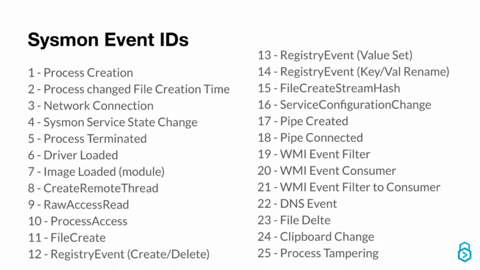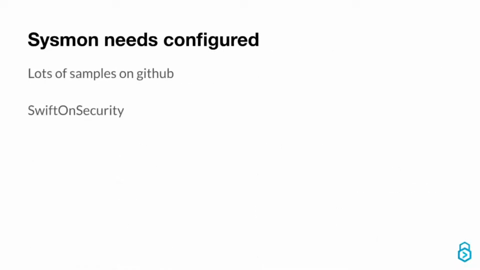This stuff is just way, way too overwhelming. Sysmon needs to be configured, and you have the opportunity to filter what you gather with Sysmon. So we don't have to gather every single network connection, and you probably shouldn't. Real world, you really shouldn't, because it's not going to be super useful, right?